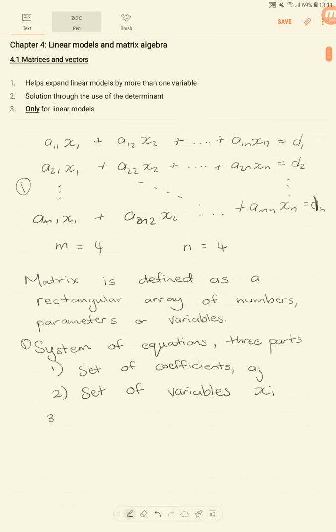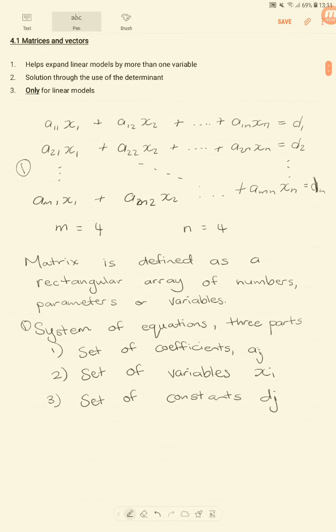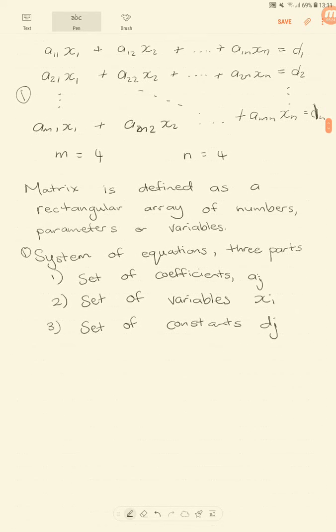And finally, we have a set of constants, which is di as well, or dj if you prefer a different subscript to the x. So if we take this system of equations in 1 and rewrite it into these 3 components in matrix form, it will look like this.